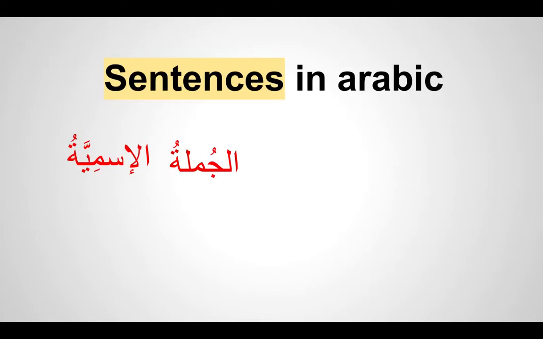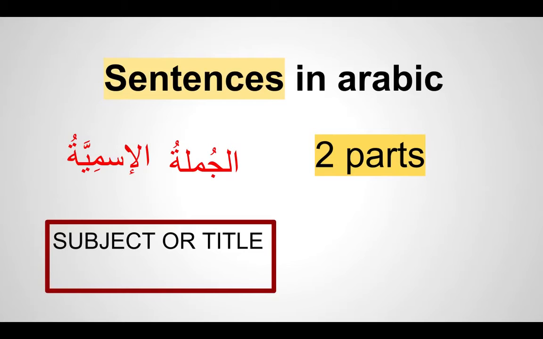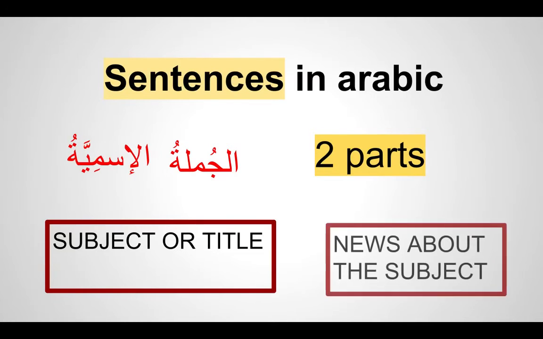The first part is the subject or the title of the sentence. What is being talked about? What is the main person, thing, object or idea? And then there is the news about the subject. So we have two parts.